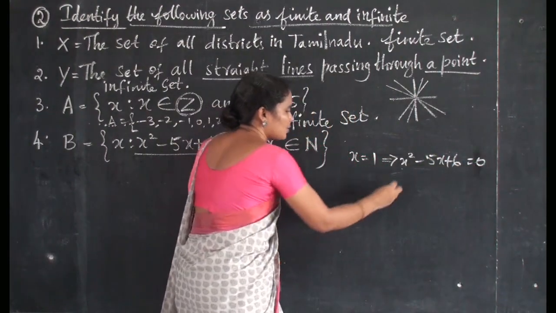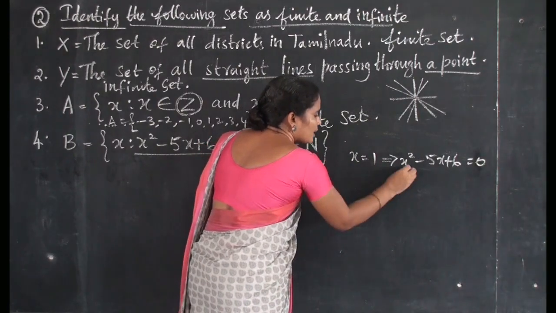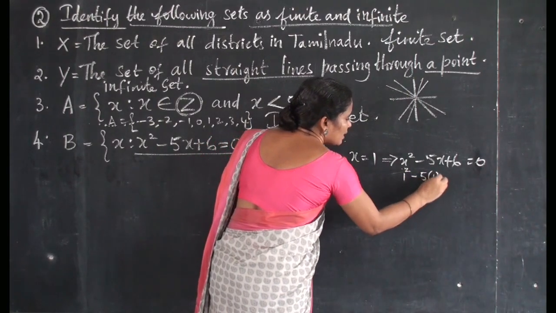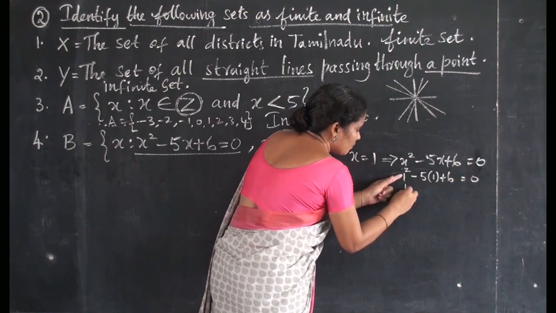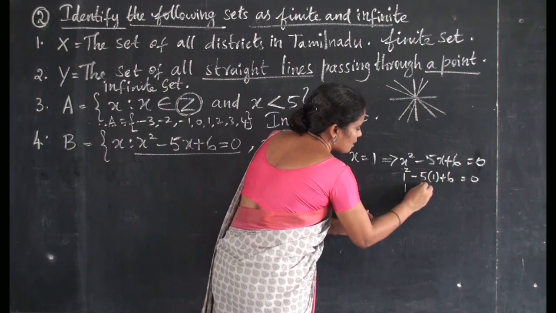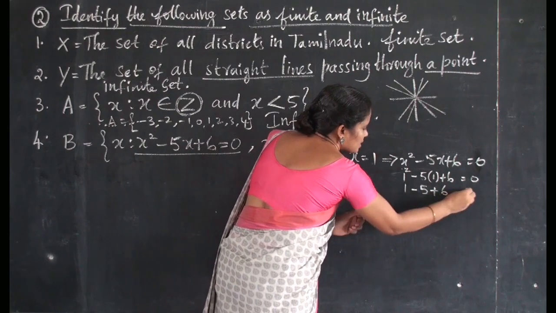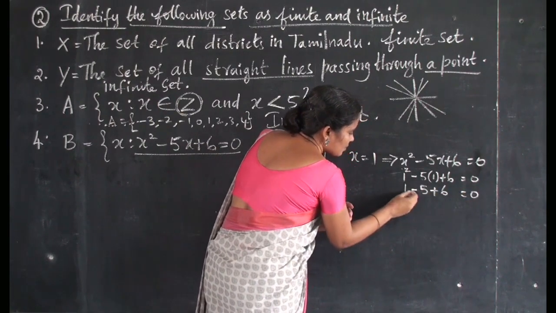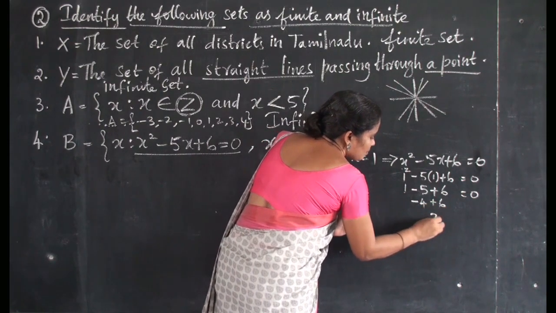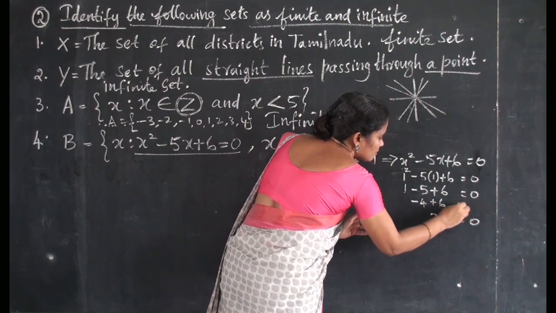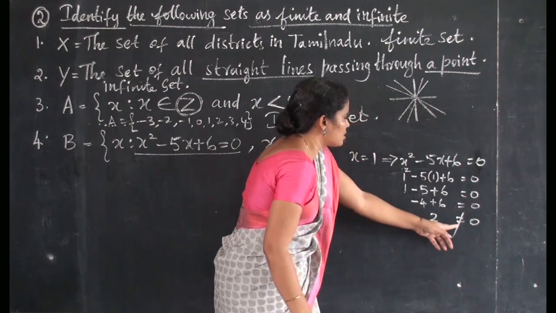In the place of x use 1. 1² - 5(1) + 6. So 1 into 1 is 1, minus 5 ones are 5, plus 6. We get -4 + 6 = 2, which is not equal to 0.